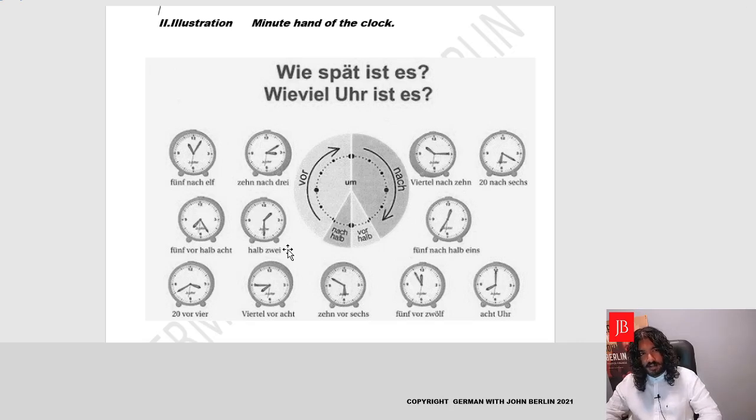Halb 4 means half of 4, which is 3:30. So that's the way you would see all the hours. Whenever there is a halb, you will always be looking at the hour before it. It's 2, so you'll say 1:30. Perfect.